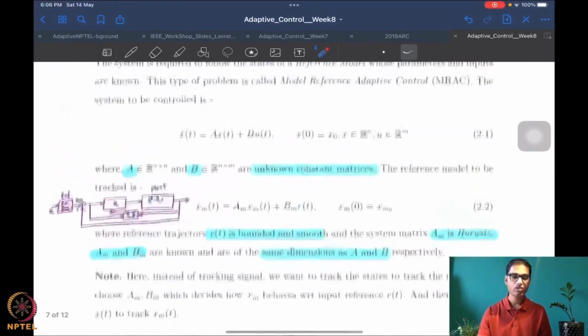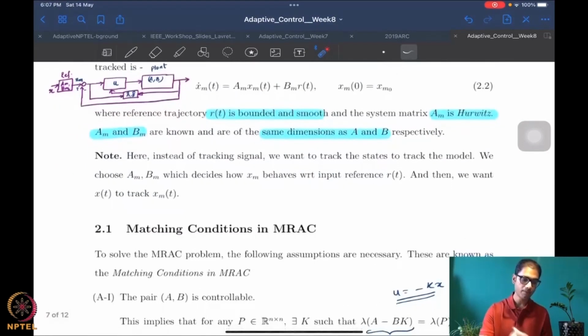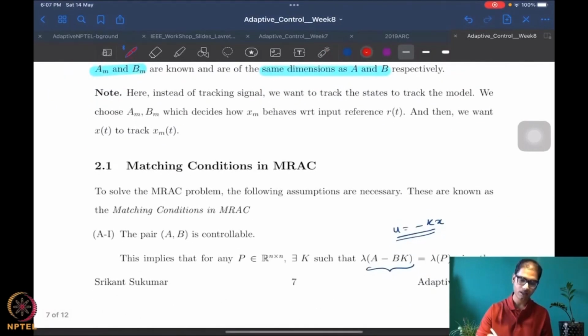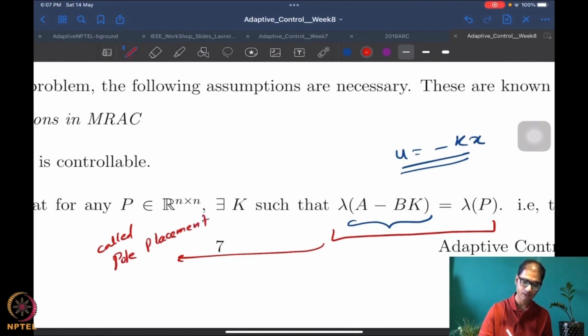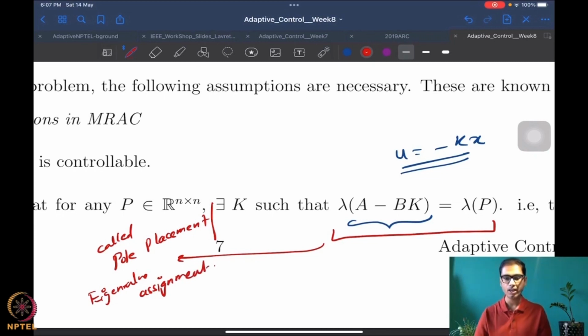This is called standard pole placement, or in time domain it's called eigenvalue assignment.